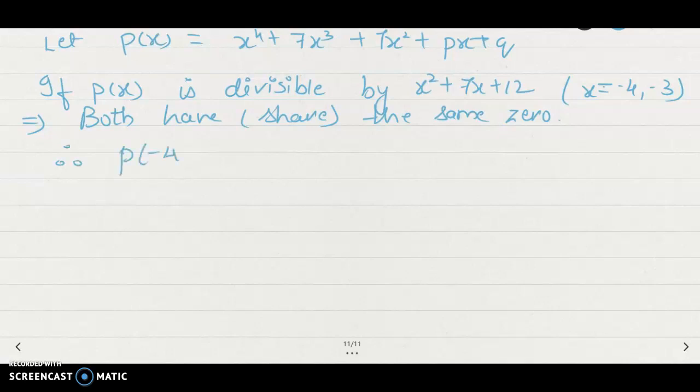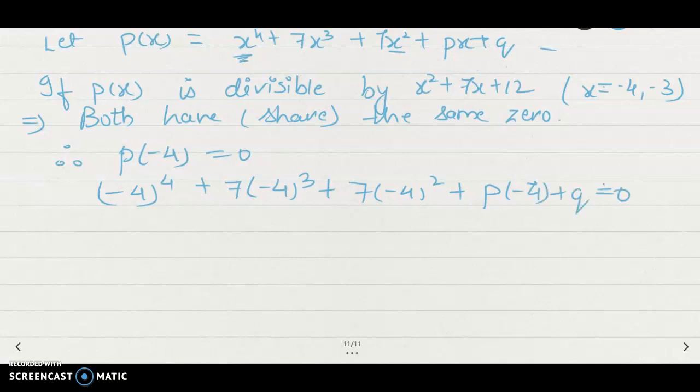So P of minus 4 will be 0. Putting in place of x as minus 4, what will we get? Minus 4 raised to the power 4 plus 7 into minus 4 cube plus 7 into minus 4 square plus p into minus 4 plus q must be 0. 4 raised to the power of 4 will be 256.